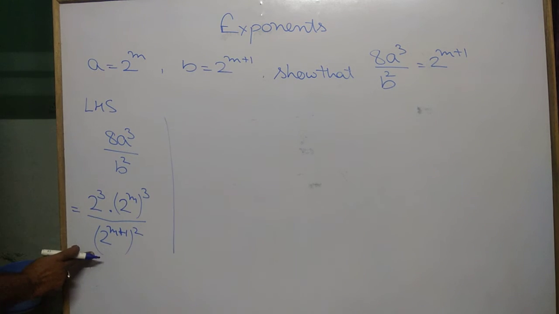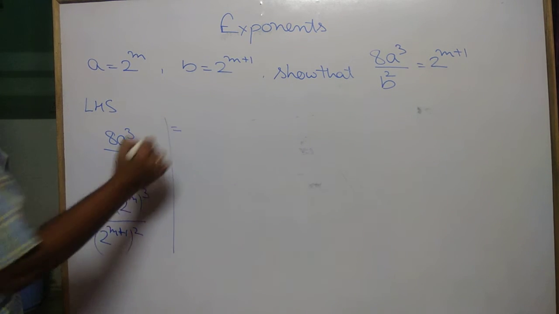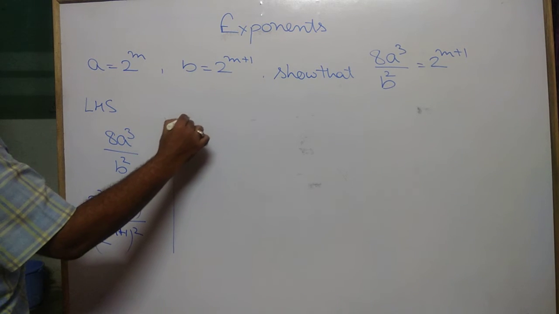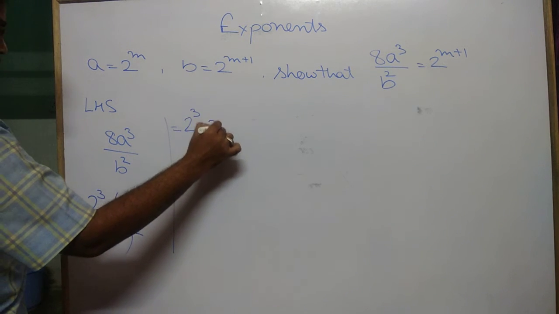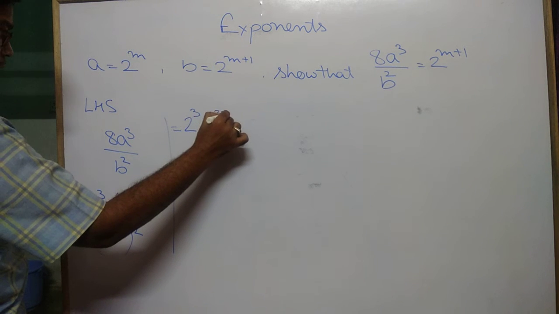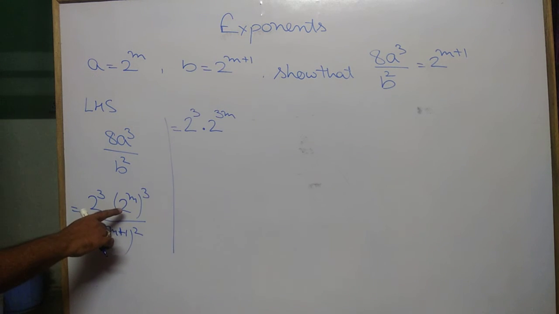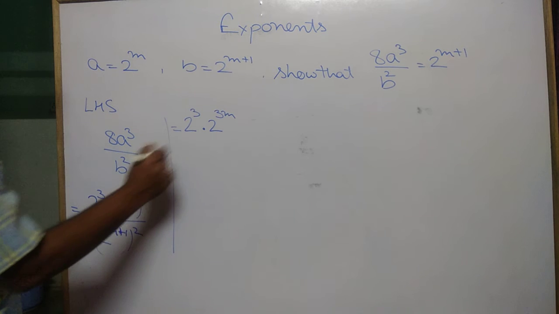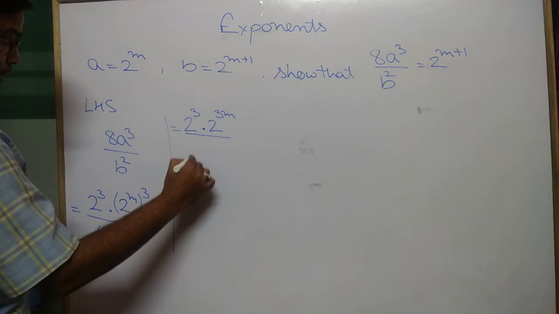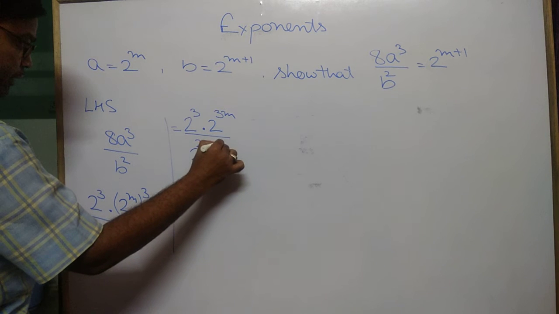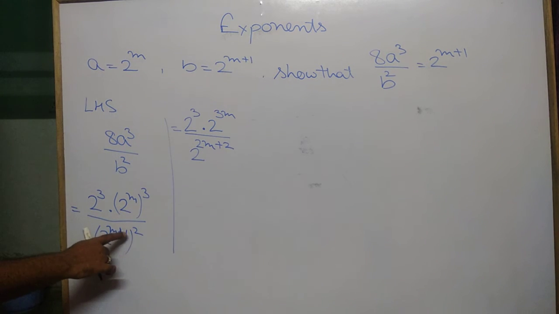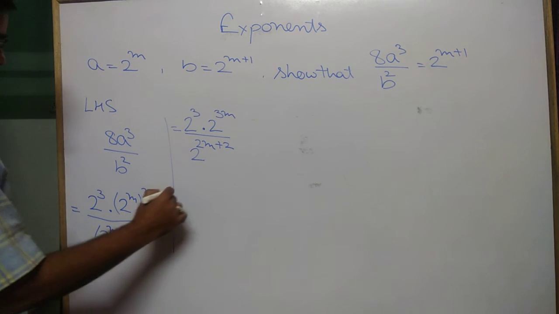I am continuing from this. It's 2 to the power 3 into 2 to the power 3m, because we know from the laws of exponents that power to the power must be multiplied. Here 2 to the power 2m plus 2, since 2 is multiplied with the complete m plus 1.